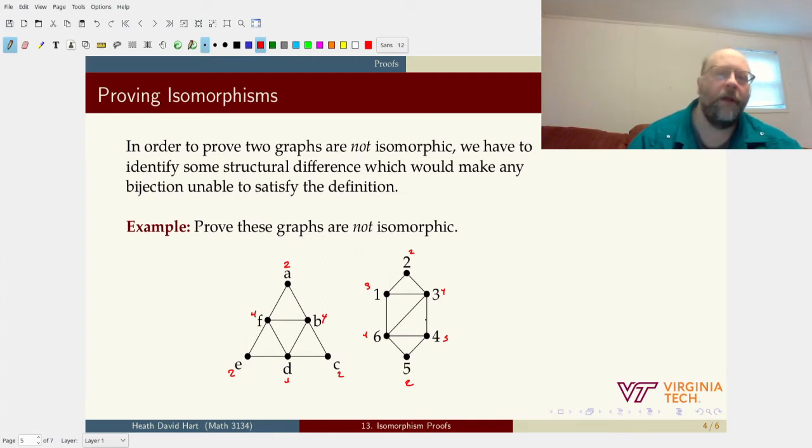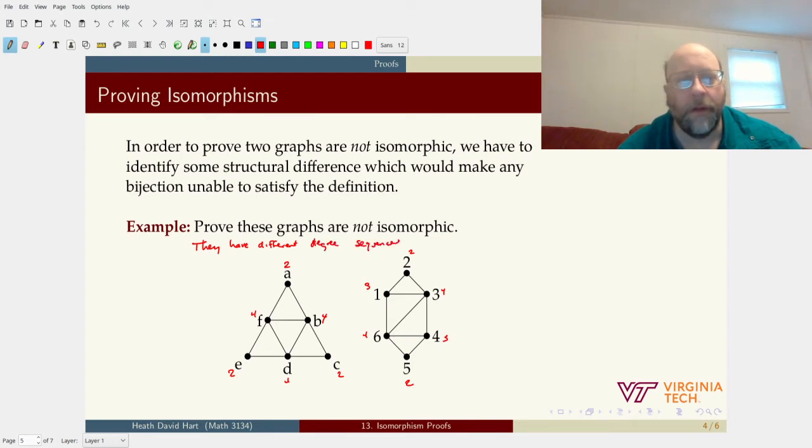Okay? So prove these graphs are not isomorphic. They have different degree sequences. So that's the proof.